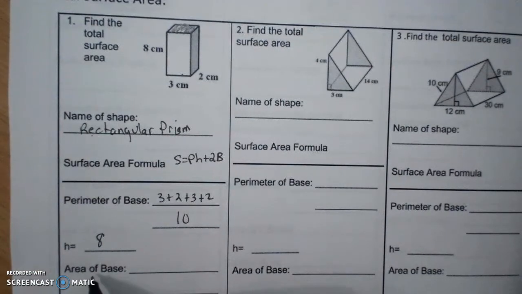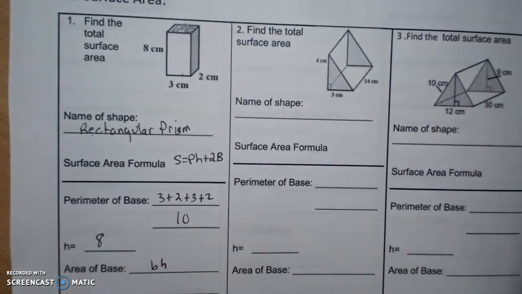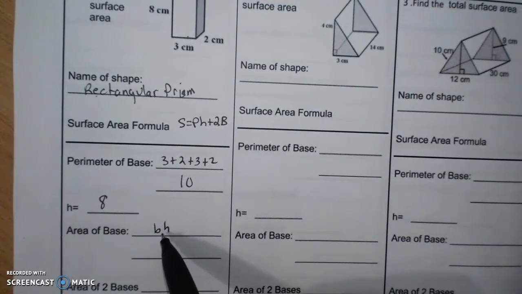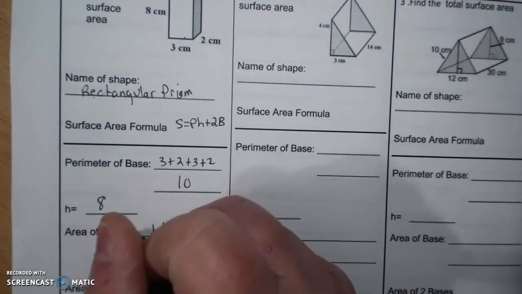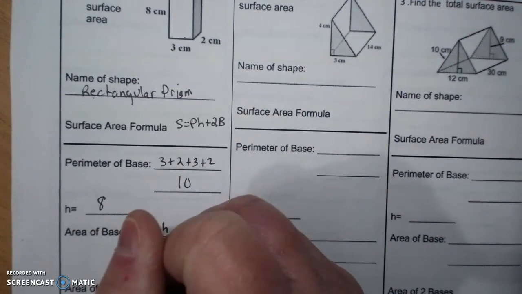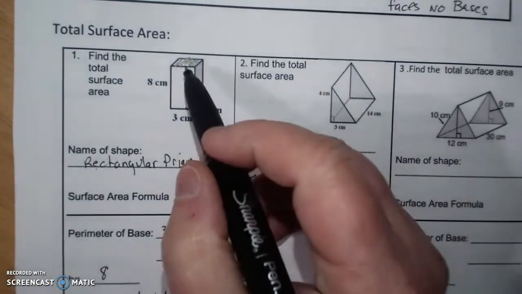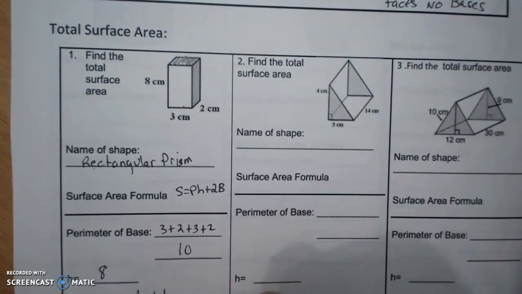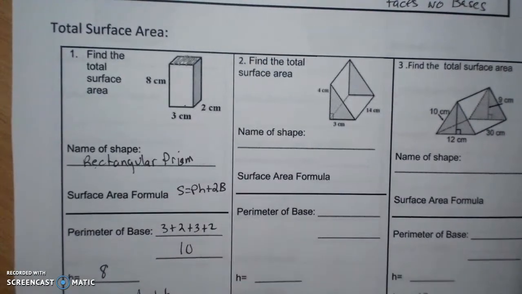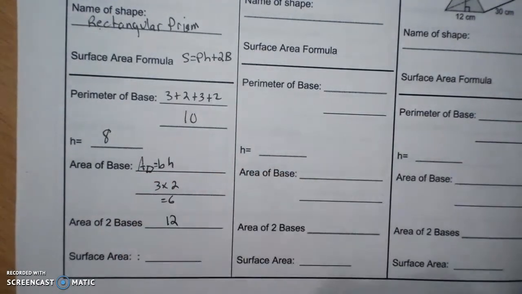Now I need area of base. So it's a rectangle, so it's little b times little h. This h is not the same h as this h. Area of a rectangle equals base times height. Now we only feast our eyeballs on the base itself, and that's a 3 by 2, which is 6. Okay, area of two bases is 12.